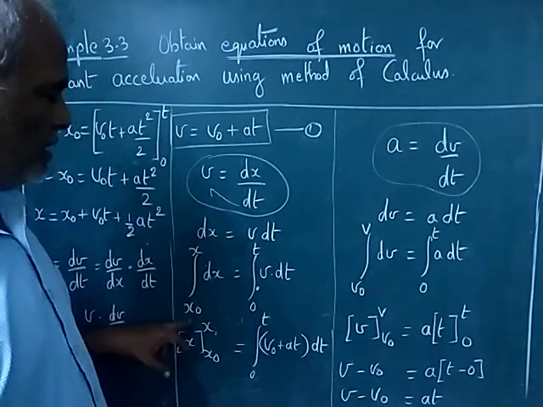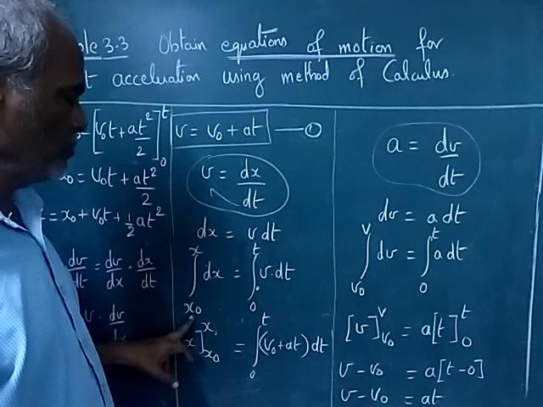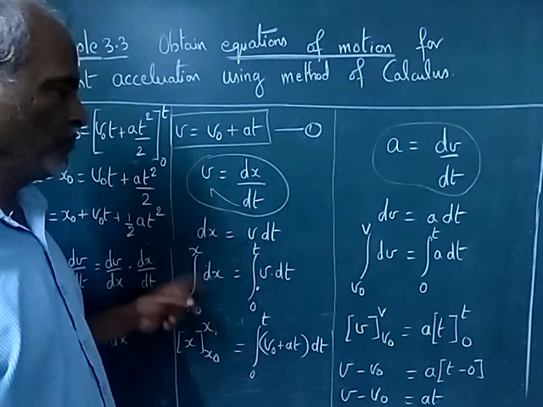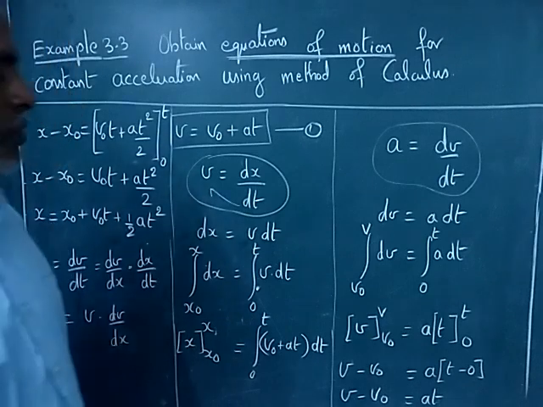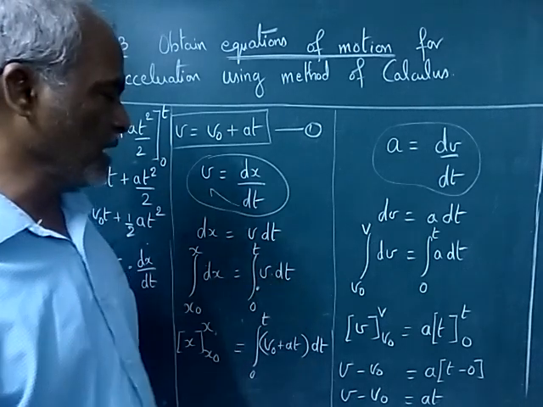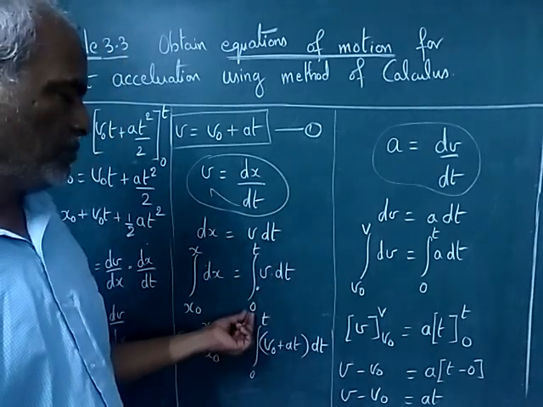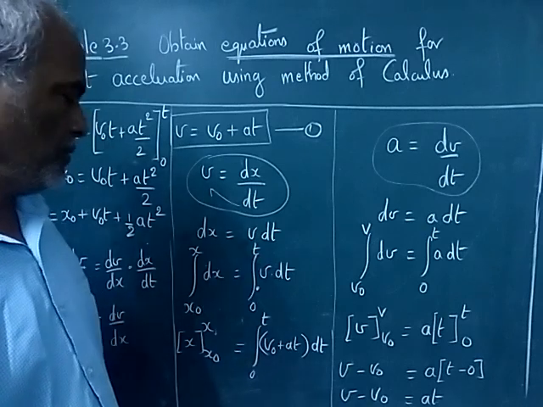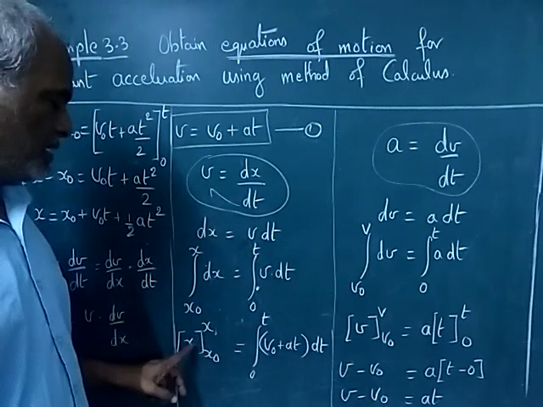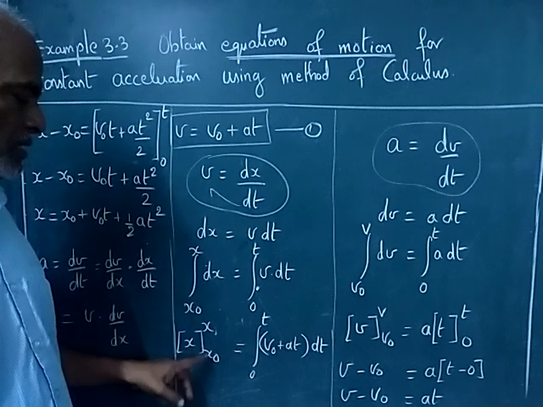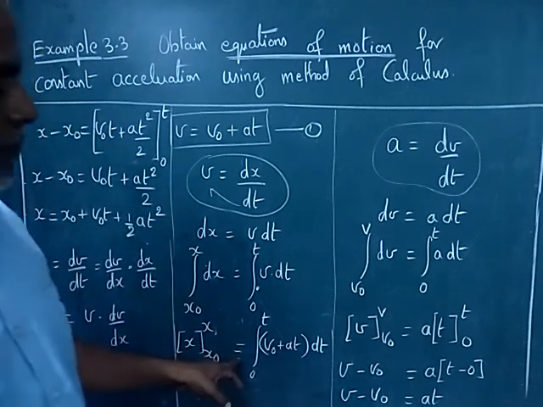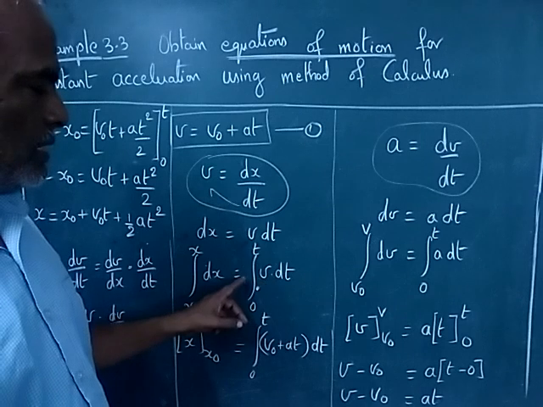The lower limit is x0, the initial value, and the final value is x. For velocity you are integrating with respect to time, so the initial time is 0 and the final time is t. Integration of dx is x, upper limit x, lower limit x0, which is equal to the integral of v dt.